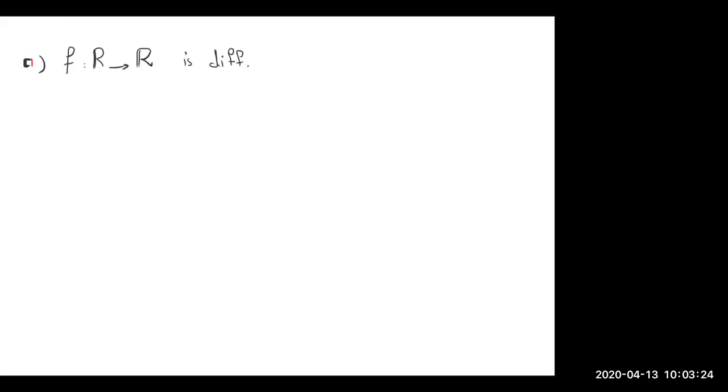We also know that f prime, as a function from R to R, is bounded. Bounded means bounded both from above and below. Now we want to show f is so-called Lipschitz.